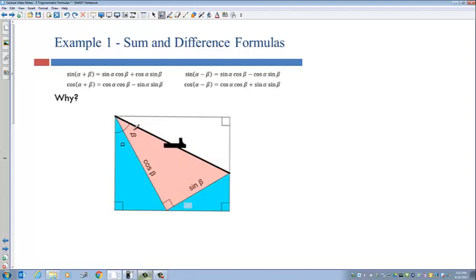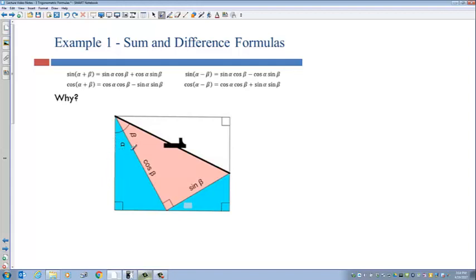If you look here, what I copied basically is a drawing that has angle beta here and hypotenuse 1, and it's a right triangle. The adjacent side to beta is cosine of beta, and the opposite side is sine of beta. And what we can do is we can label each of these sides. For example, this side right here, how do we label this side?